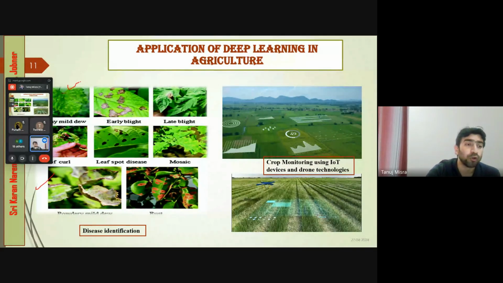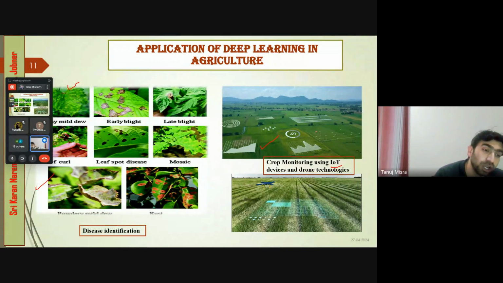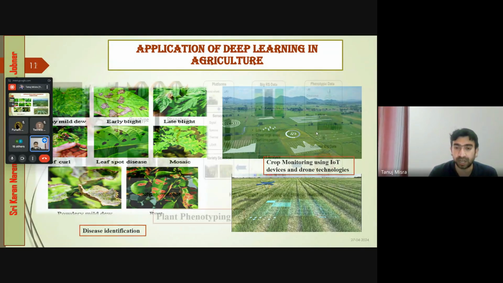We want to develop a crop monitoring system using IoT, that is Internet of Things devices, and drone technologies. Images will come to the server, and from the images we can detect that this is the disease. We can predict the condition of the crop, the health situation of the crop, etc.